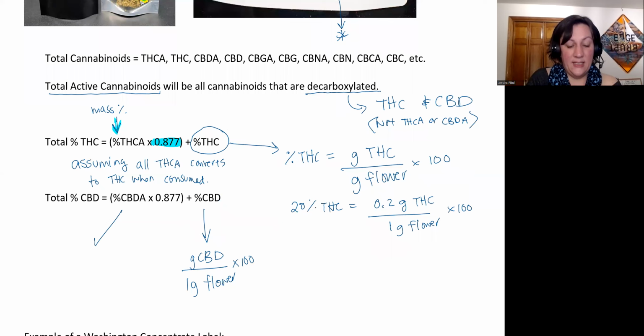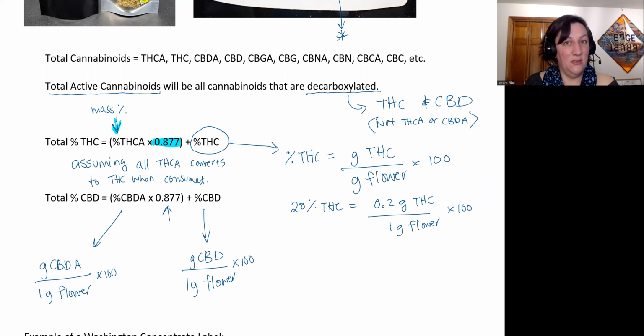And the percent CBDA is telling us the grams of CBDA per 1 gram of the flower. And then we are multiplying it by this 0.877 to correct for the mass difference in the molar masses of our CBDA versus our CBD.